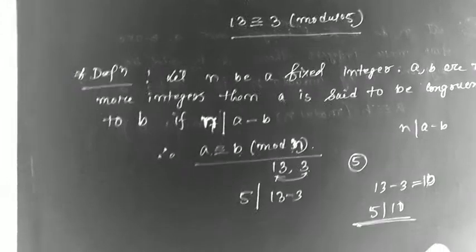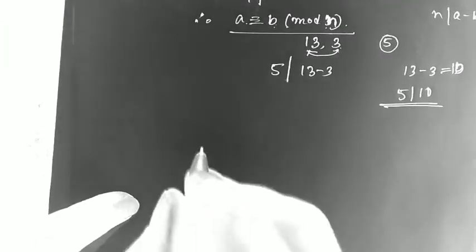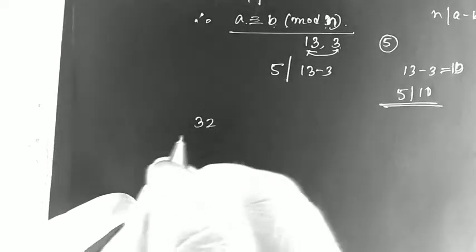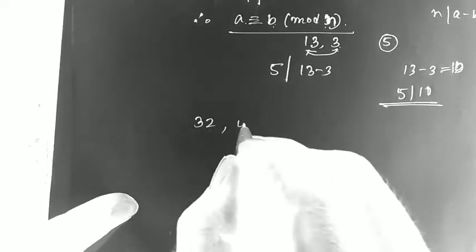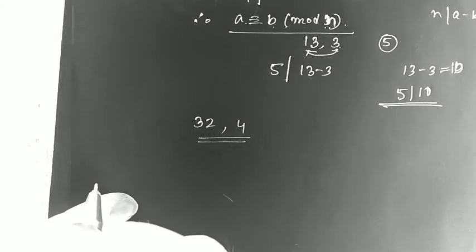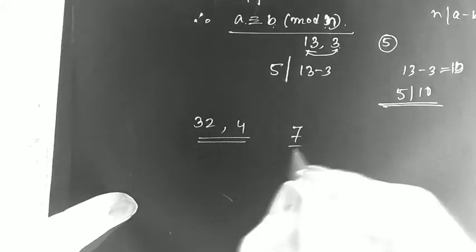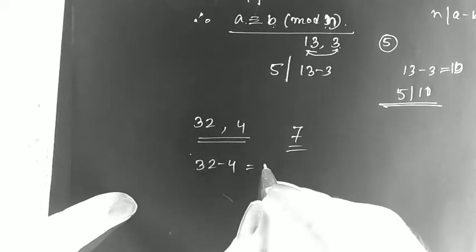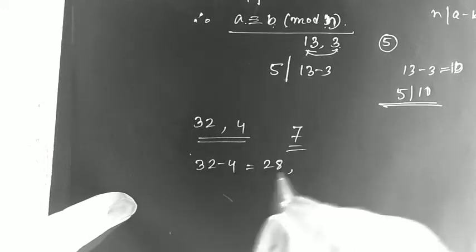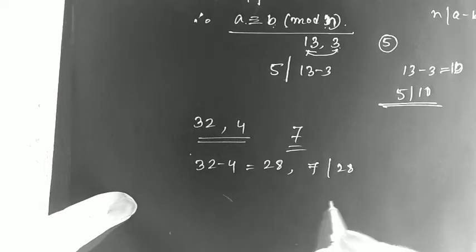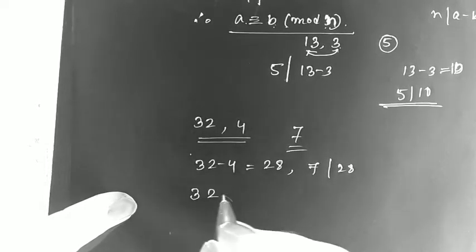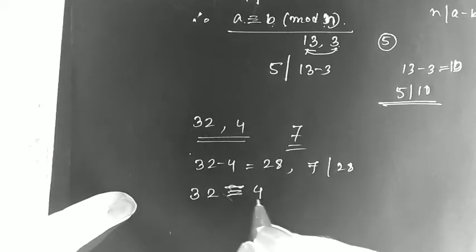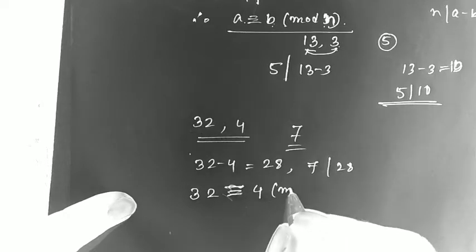I am taking two more examples. Suppose 32 and 4 are two integers and 7 is a fixed integer. Then 32 minus 4 is equal to 28 and 7 divides 28, we know. So this can be written as 32 is congruent to 4 with mod 7.